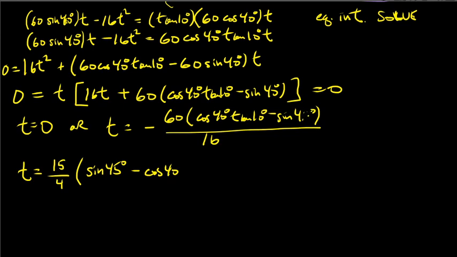It's 40. Sorry about that. I got a little mixed up here. There is no 45 degrees. It's 40 degrees. This is my terrible eraser. All right, there we go. Sine of 40 degrees minus the cosine of 40 degrees times the tangent of 10 degrees. So that's the exact time. Now we might as well just throw it all in a calculator and get the approximate time.